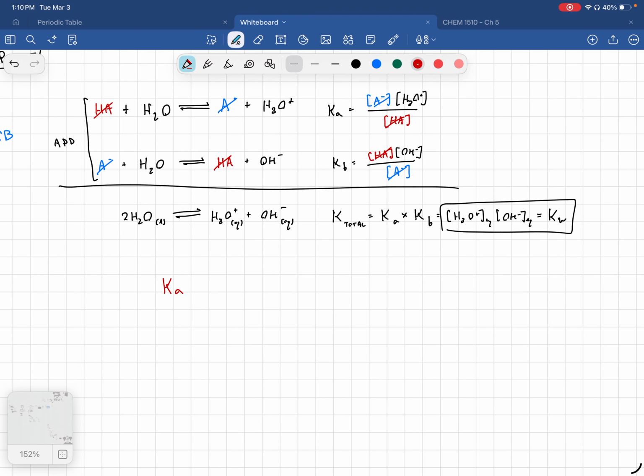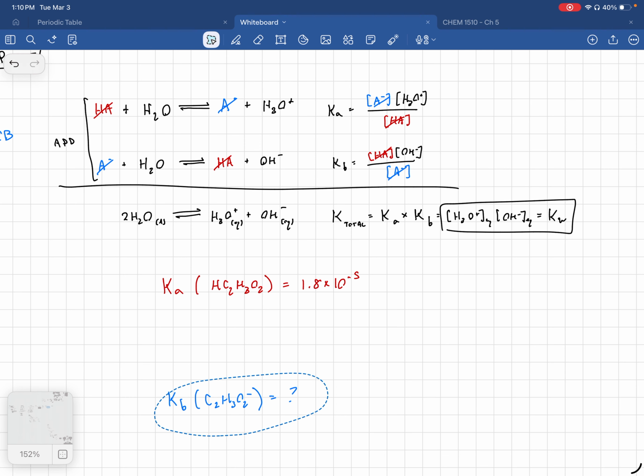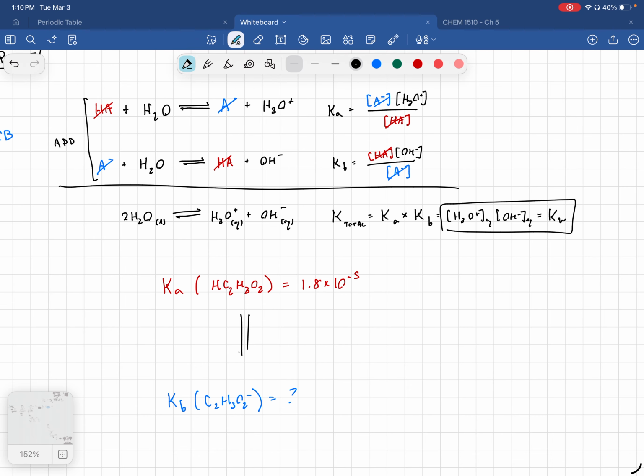And so what this tells us is, for any acid, let's say, for example, we've got the acid HC2H3O2, and it has a Ka value of 1.8 times 10 to the negative fifth. Let's say we want to know the Kb of its base form, C2H3O2 minus. Well, as we just said, Kw is going to equal Ka times Kb.